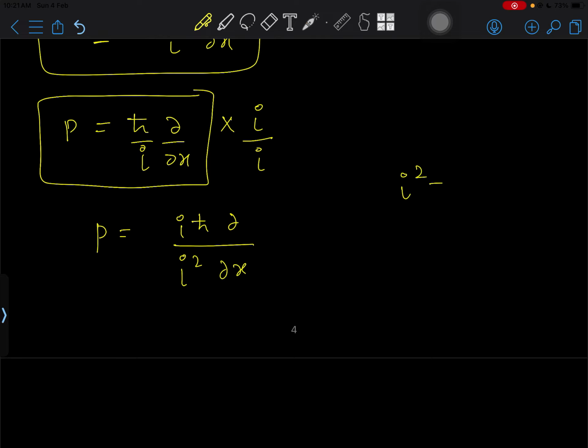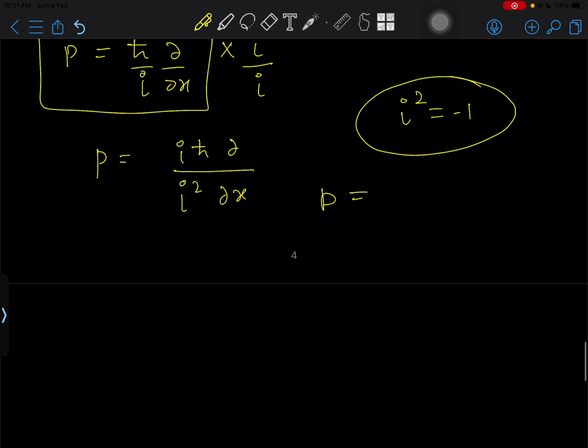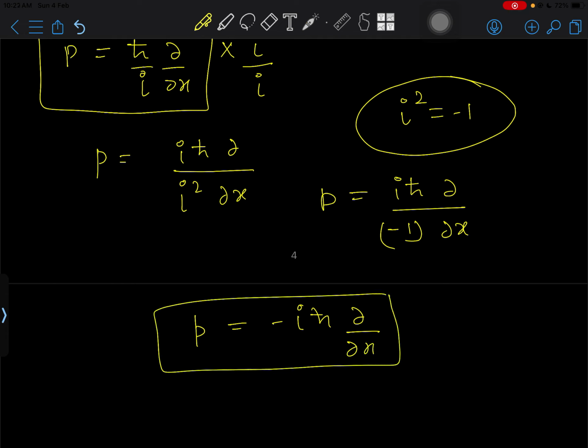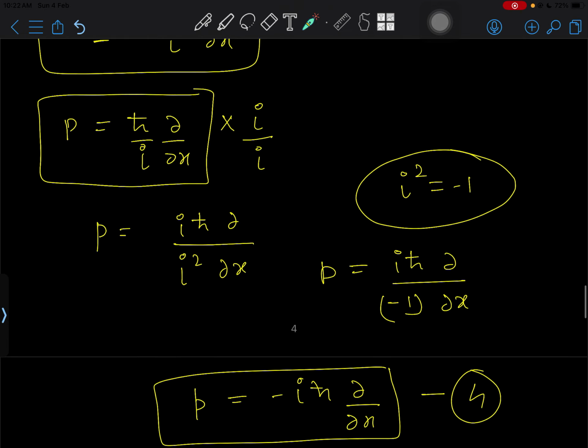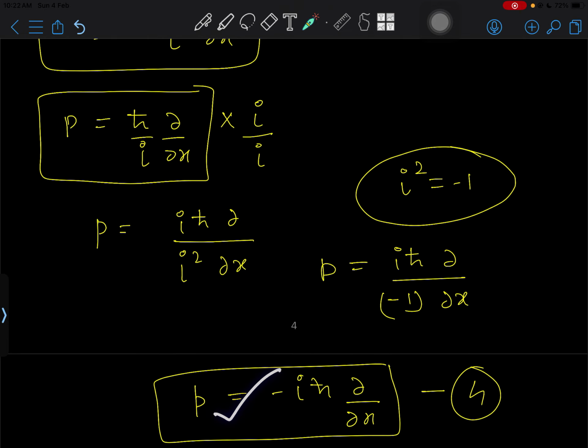We know that i square is -1, so p is equal to iħ ∂ over -1 into ∂x. So we can write it as minus iħ ∂ over ∂x. This is the momentum operator, equation number 4. We need to remember these relations, the energy operator as well as the momentum operator.